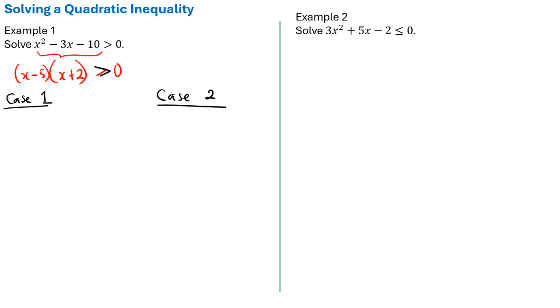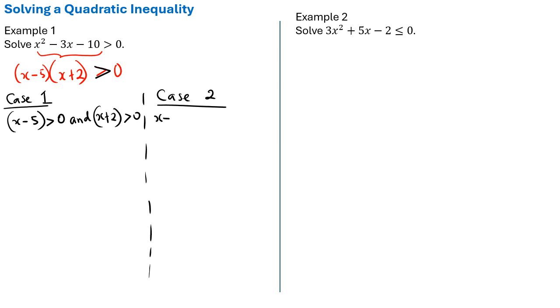Since you have greater than, you're going to take x minus 5 and set it greater than 0, and also the second part, x plus 2, also set greater than 0. That's your first step. Your second step will be this: you do the opposite, just like you do for absolute values.